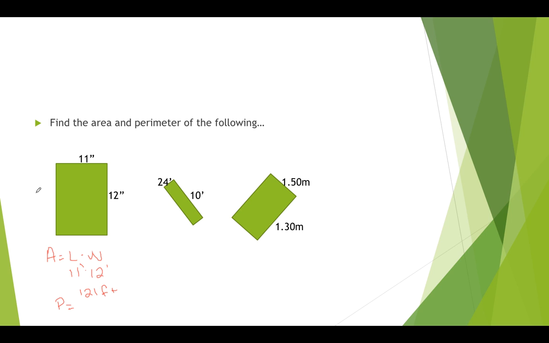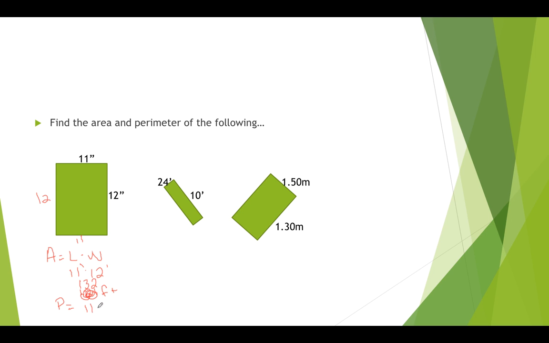And if I know this is 12, and then I also know that this is 11, and if I add all those up, sorry, I should have multiplied, this is 132.